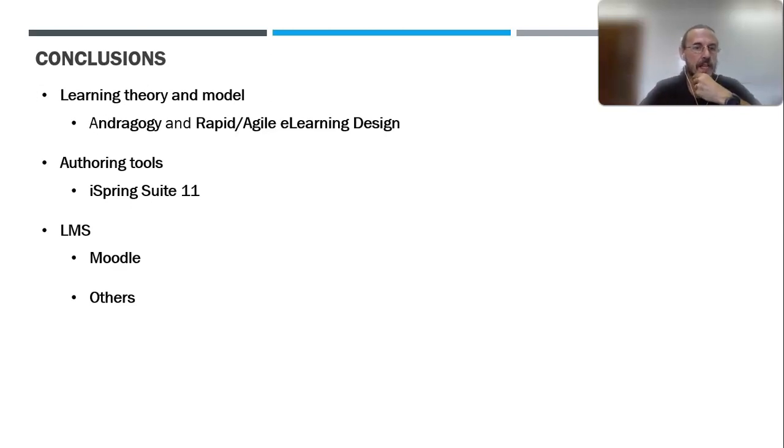I'm using iSpring Suite 11. I think this is an amazing tool. I convinced my institution to buy the full iSpring Suite 11, and I'm really using it in my course developments here at my institution. And regarding the LMS, okay, I like Moodle. I use it at my institution also. We have a full license here, so I'm using it.